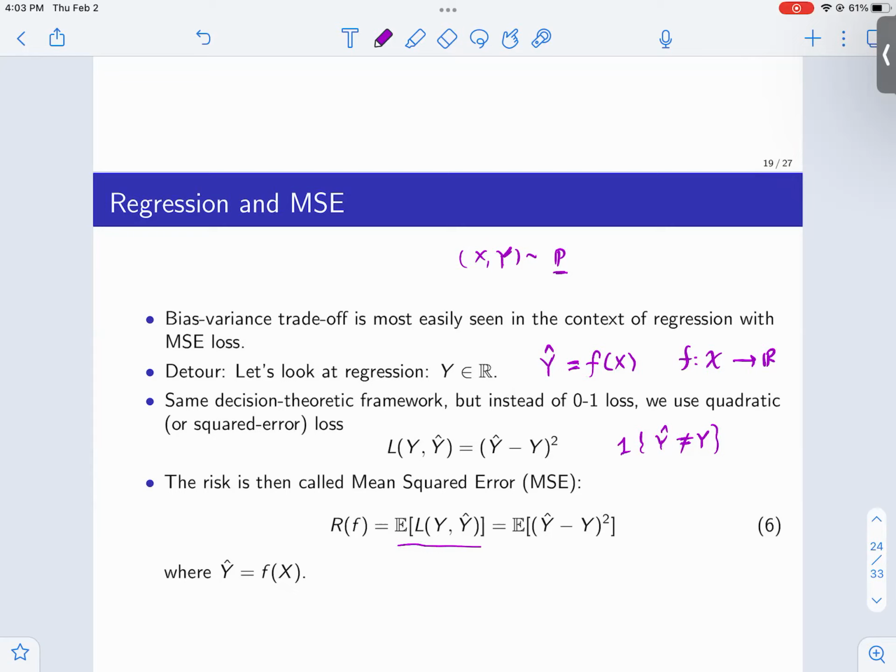If you have read through the notes that I posted, the argument is very general. If you have a loss function and a risk, there is a prescription to come up with the optimal rule, assuming that you know the actual distribution. So what is the optimal rule? How do you find it?